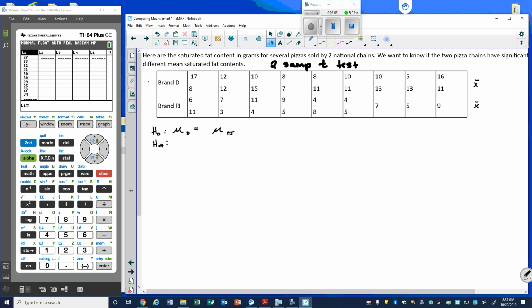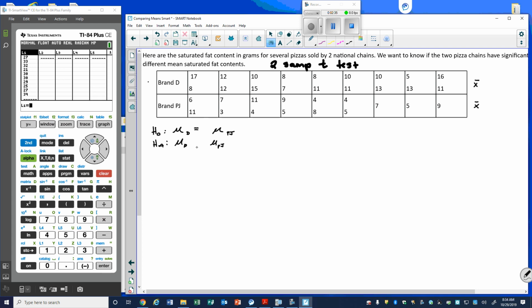So I'm going to use subscripts to indicate which mean I'm talking about in which particular part of the problem. So the alternative should look exactly the same with the exception of the equals. And the alternative should be what I'm trying to prove. Now, if you were trying to prove that brand D had more fat, then you would use greater than here.